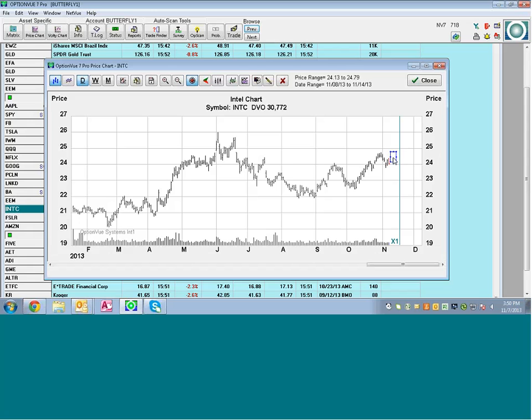So this is a kind of predictive situation. Now I change the box. I have the price range displaying 24 to 25. I can make that wider if I think it's going to be 24 to, say, 25, and the date range I've made wider, 11/11 to 12/3.